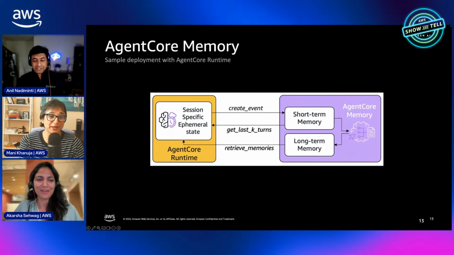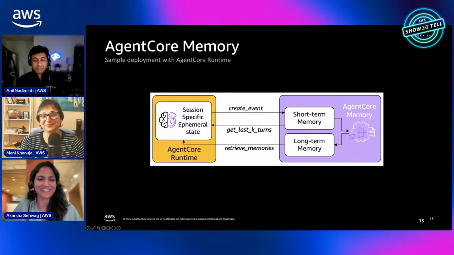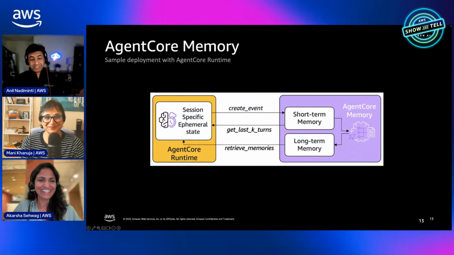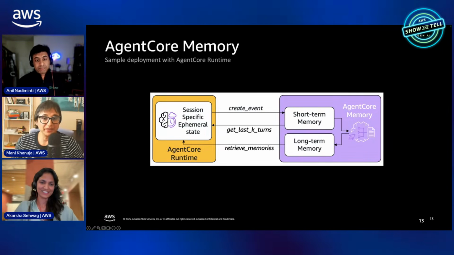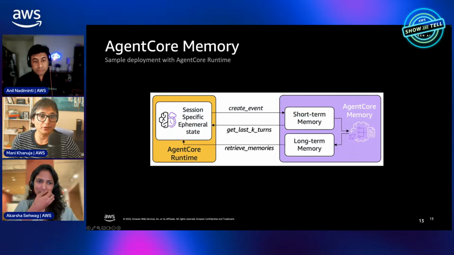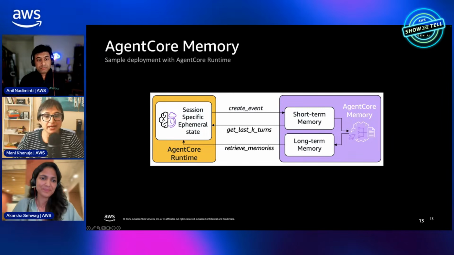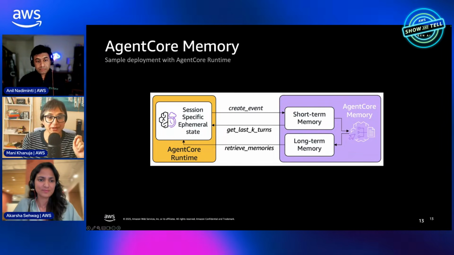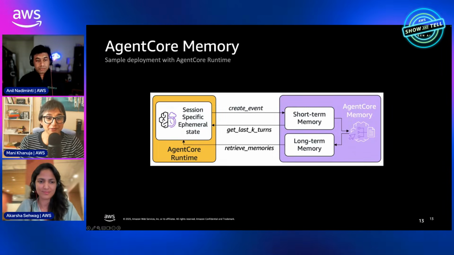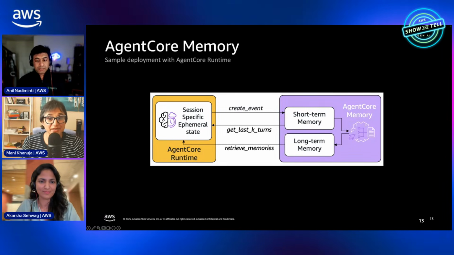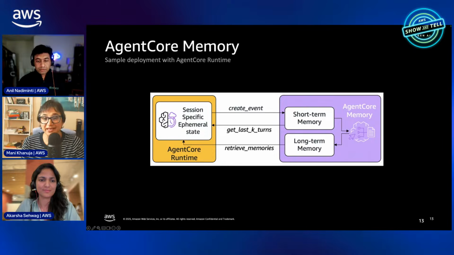I prefer runtime. I mean, why do we want to build everything from scratch, right? But there is an option. That's what I want to share: if you already have a deployment pipeline, we want to meet the customers where they are in their journey. So you have an option. But for now, we'll focus on the sample deployment with AgentCore Runtime because we love runtime. And that's the main idea, right?